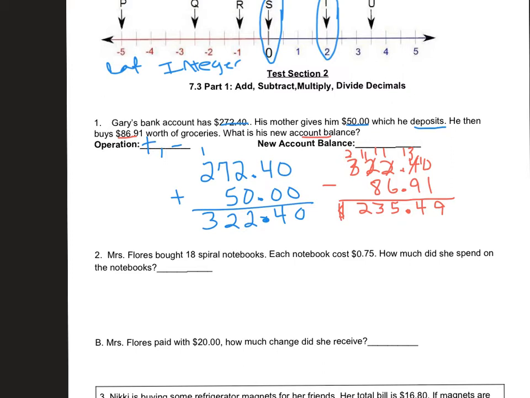He has $235.49, right? If you're not quite sure, you can always go back and add what you got for the difference to the $86.91 to check your answer. So that is how much his account balance is worth. Okay, let's go ahead and move on to the next problem.